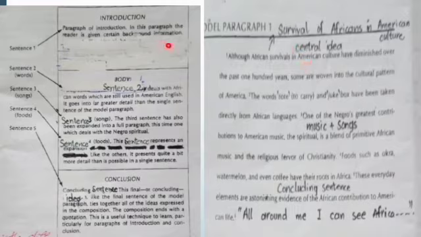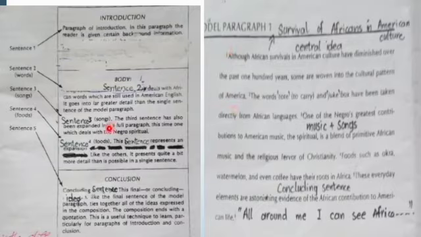In this sentence, the reader is given certain background information. And the second sentence, which deals with the African words which are still used in American English, goes into far greater detail than the single sentence of the model paragraph. So the second sentence is also called the body of that paragraph.